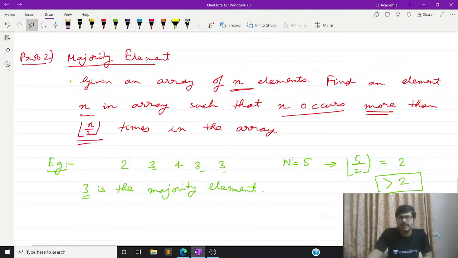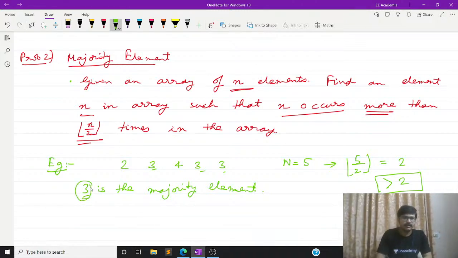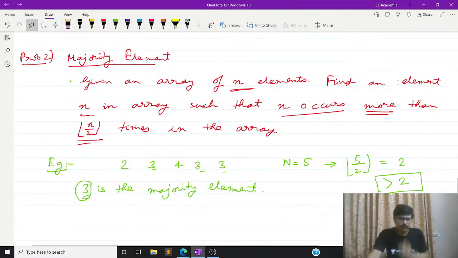So any idea, guys, how we can solve this problem? How can we find this element 3, the majority element? Any approach you have? Brute force approach, anything? We would like to solve this problem using the divide and conquer technique.